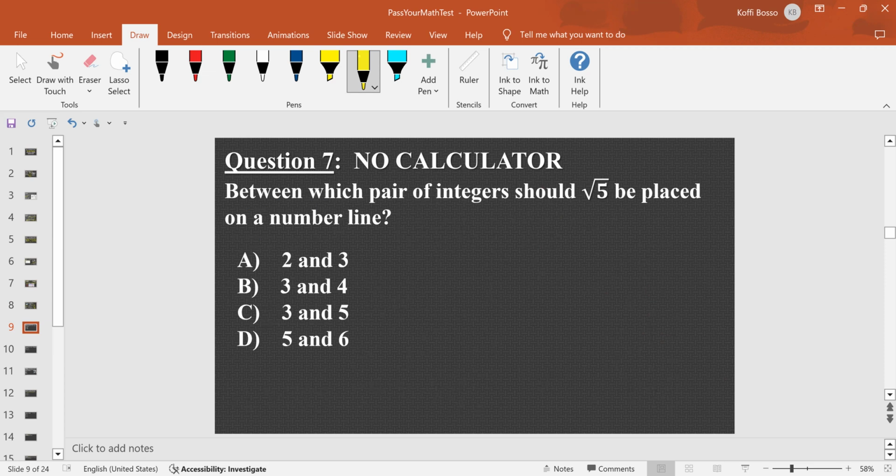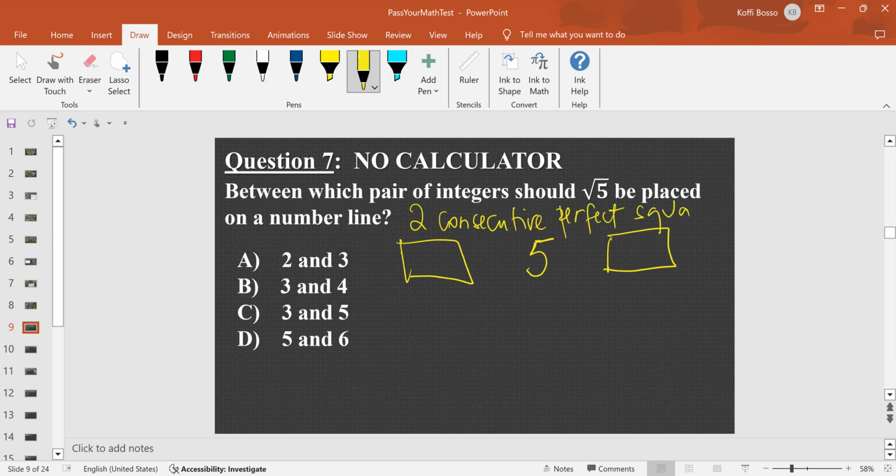First of all, write 5 without a square root. That is 5. And now try to place 5 between two consecutive perfect squares. Between what two consecutive perfect squares could we place 5?